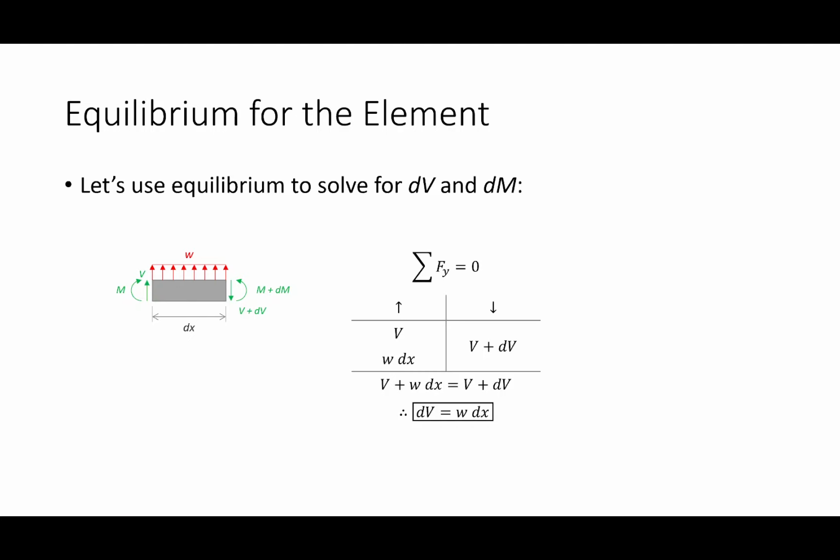So I'm going to say everything that's going up and then everything that's going down equals 0. If I say the sum of the forces in the y direction equals 0, basically all my forces going up are positive, and all my forces going down are negative, and that sum has got to equal 0.